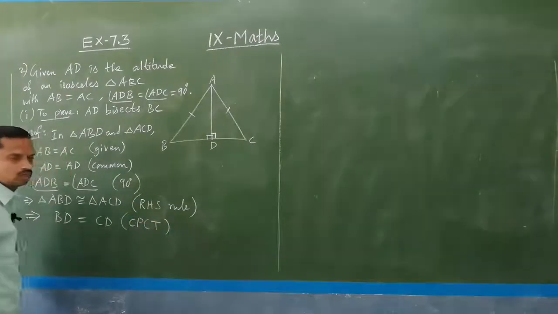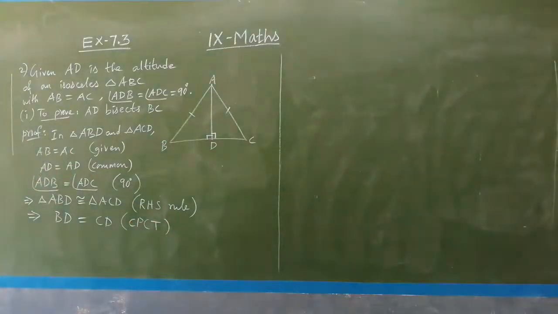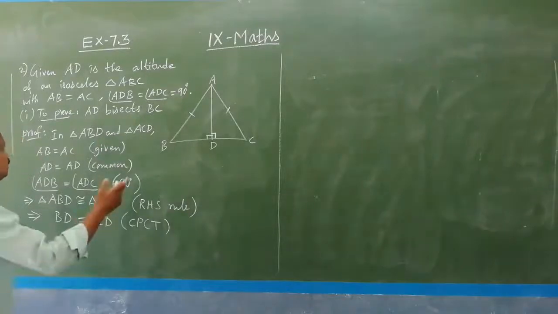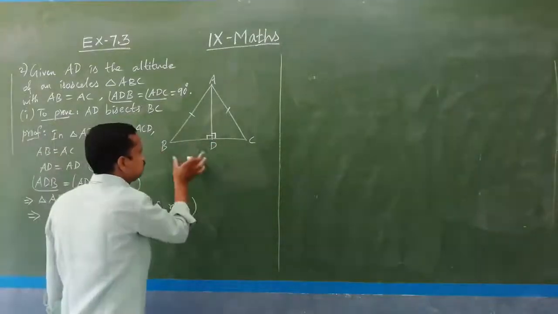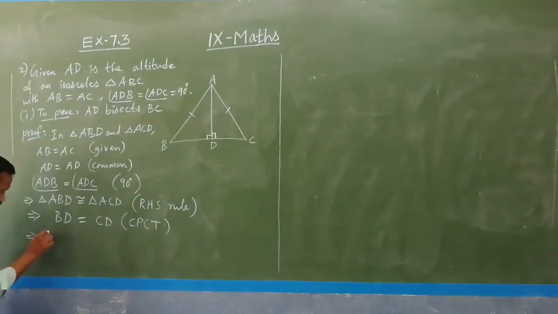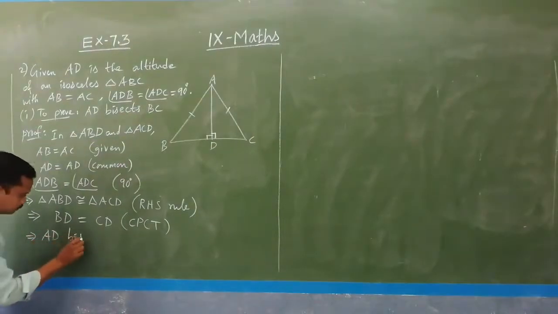CPCT, the corresponding parts of congruent triangles. So, after proving these two sides, BD and CD, are equal, we can say AD bisects BC, because these two are equal. So, this implies AD bisects BC.